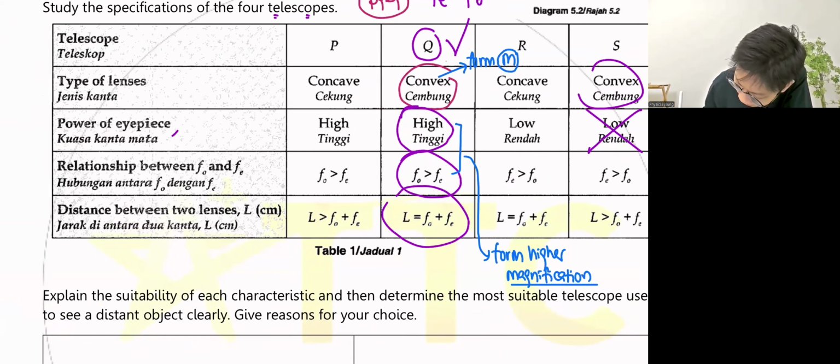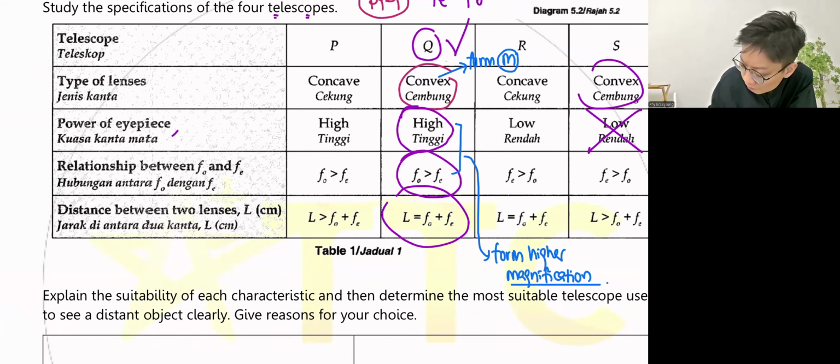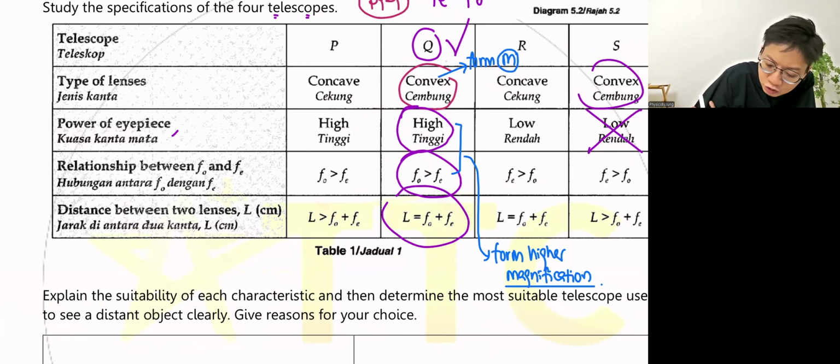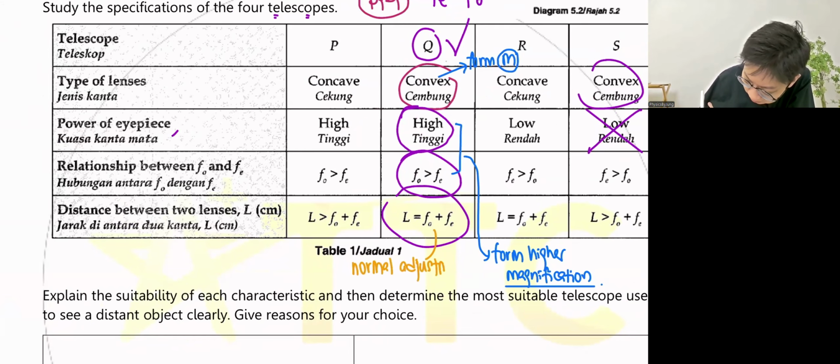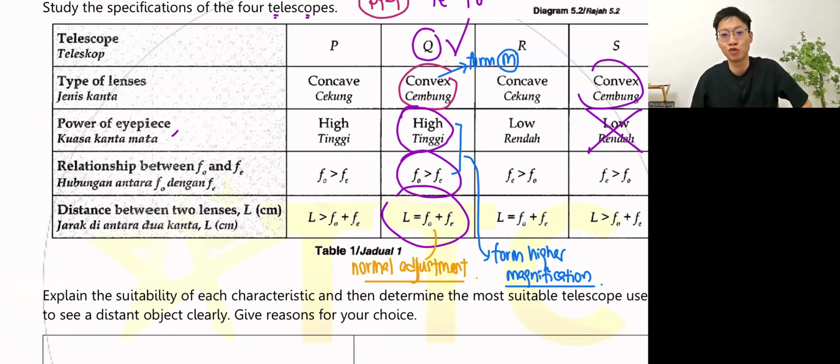Now, what is higher magnification? This one we will talk about later. There's a formula. And if they ask you why this is equal, the answer is because that is the normal adjustment for a telescope. It has to be equal. That's it, that's how you need to arrange it.